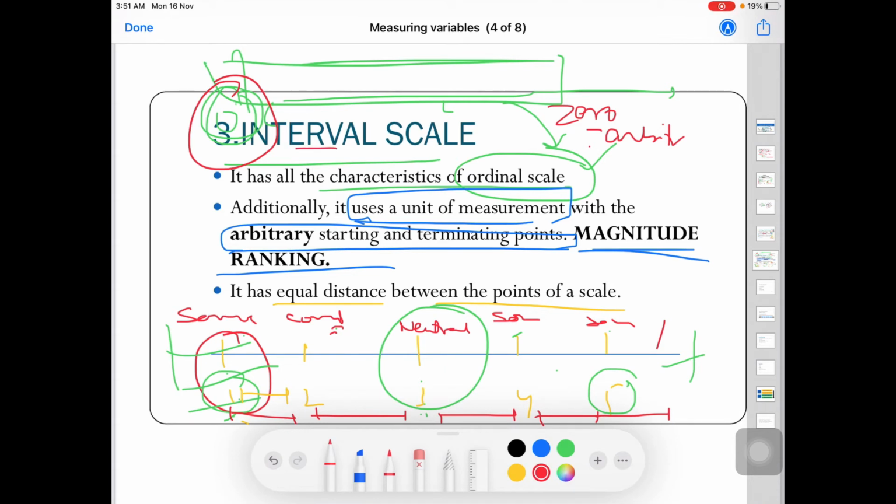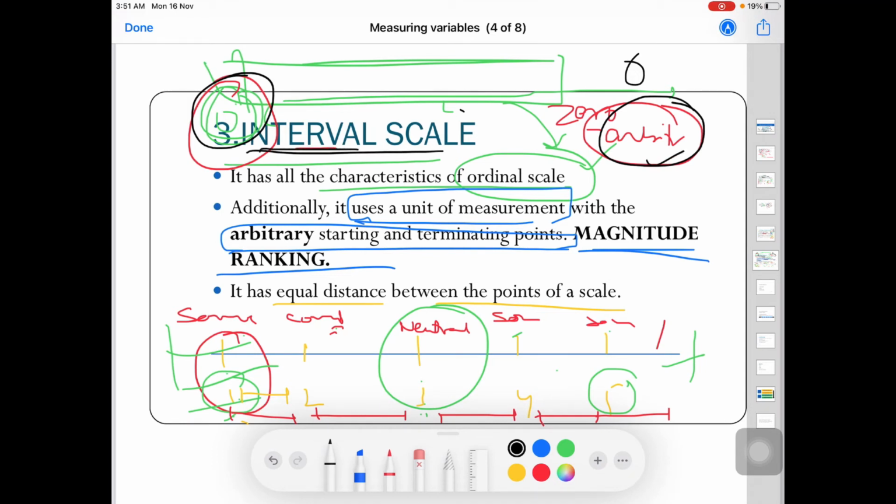So under interval scale, 0 is arbitrary, it doesn't carry absolute value. If I say 0 centimeter, then 0 means 0, that length doesn't exist. But if I say 0 degree C, that means it is cold. So under interval scale, 0 is arbitrary.